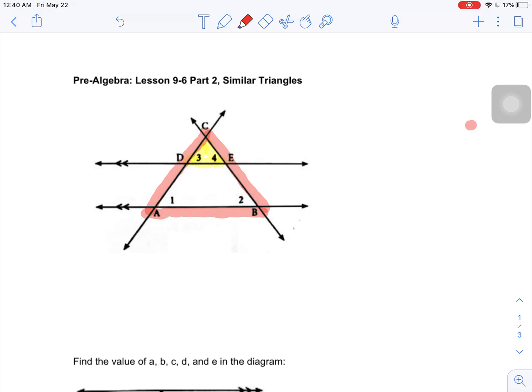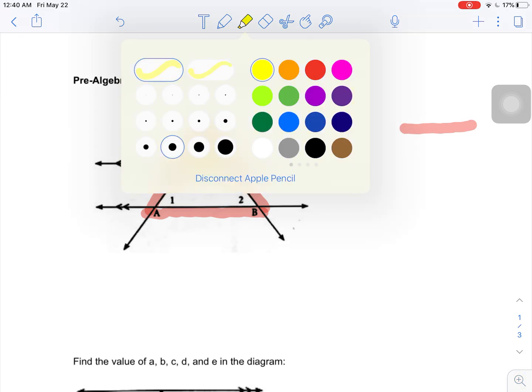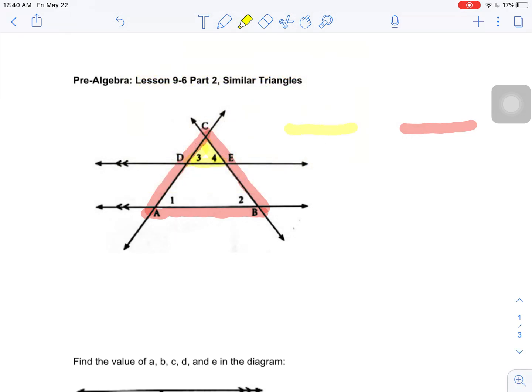So we can go through and make our similarity statement about those triangles. So triangle DCE, the little triangle, is similar to, remember that's our symbol for similar. It's kind of like congruent, but it's missing a part because they're not the same size. Triangle. Remember, we want to name things in the same order. So these triangles are both facing the same direction.